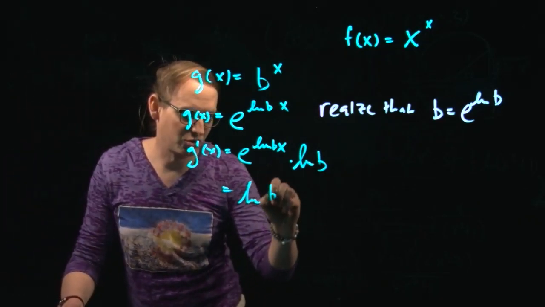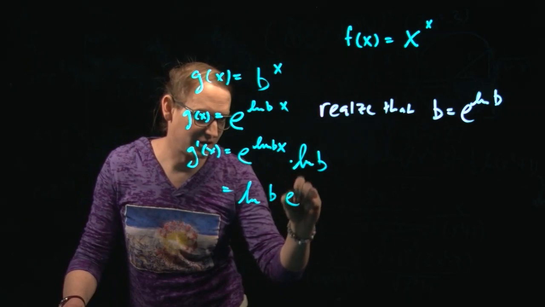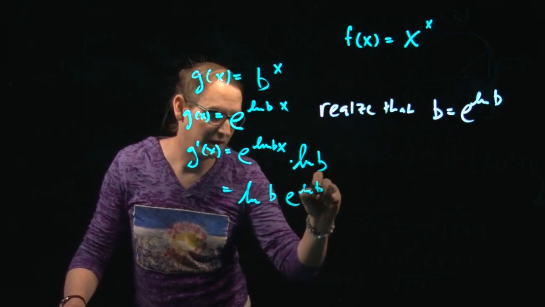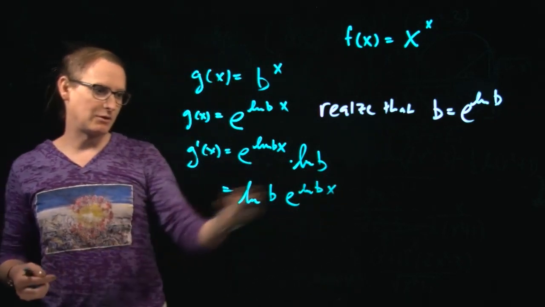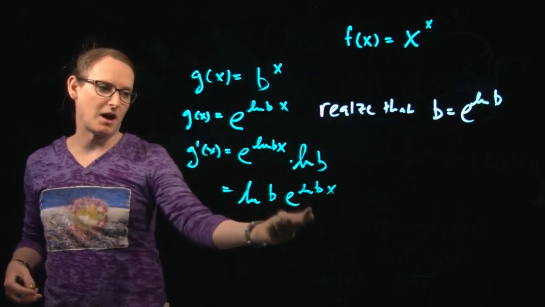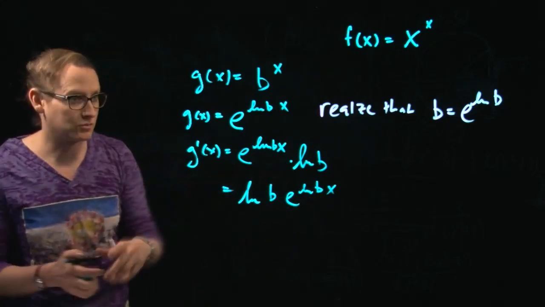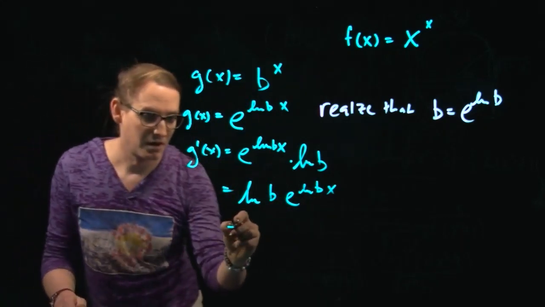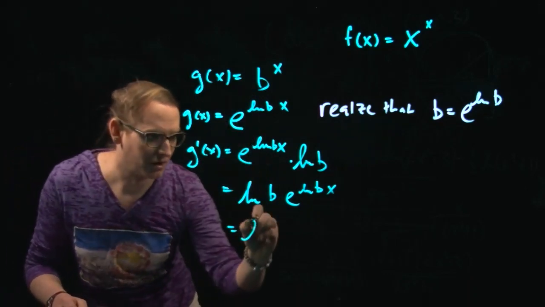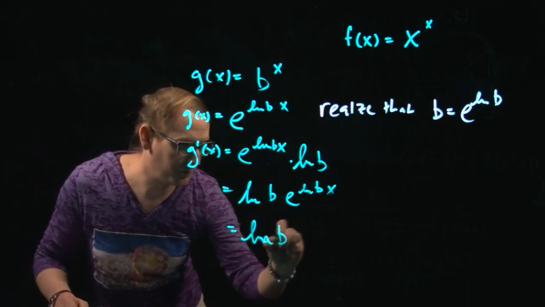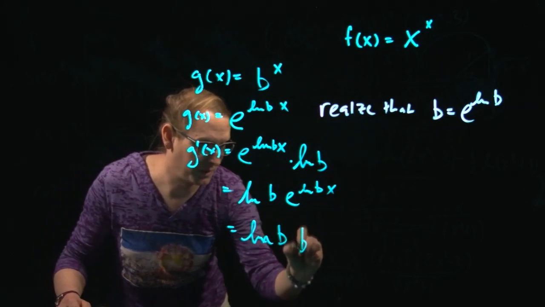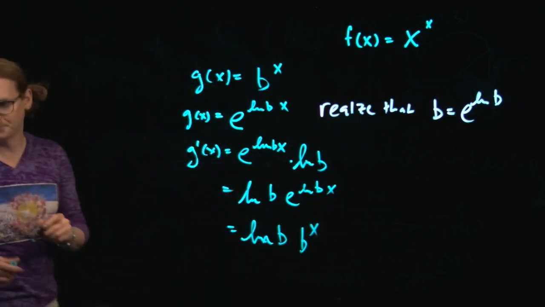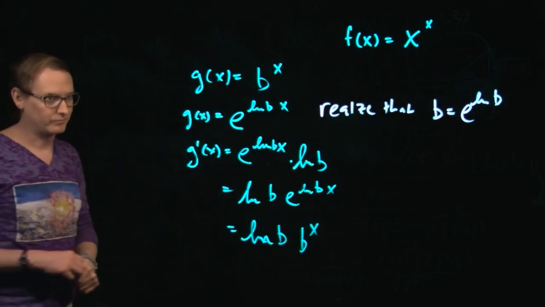So this is natural log of b times e to the natural log of b times x. And now if you really want to get rid of the stuff inside here and return back to something that looks more familiar with respect to the original function, this is natural log of b times b to the x. Okay.